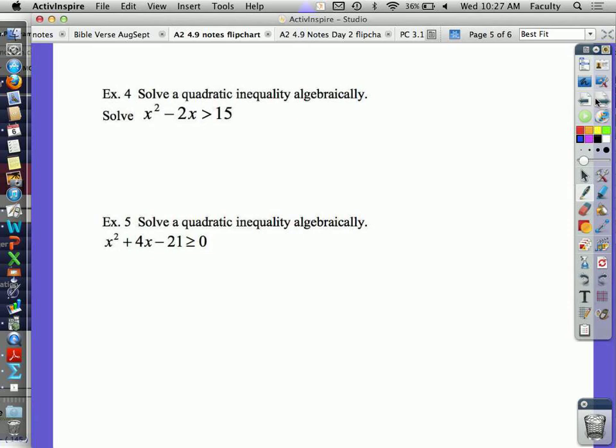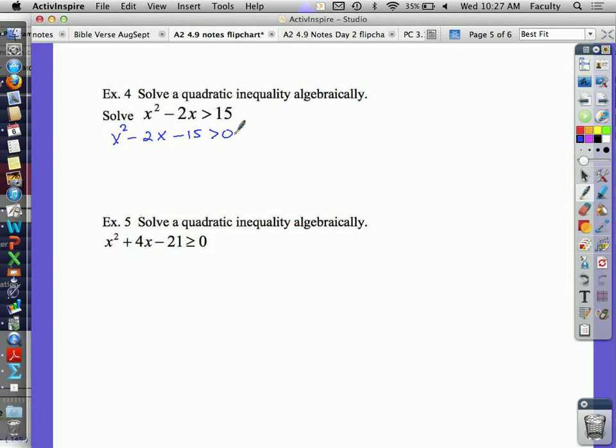If we look at example 4, it says solve x squared minus 2x is greater than 15. You want to move everything to one side of the inequality before you make it an equation.